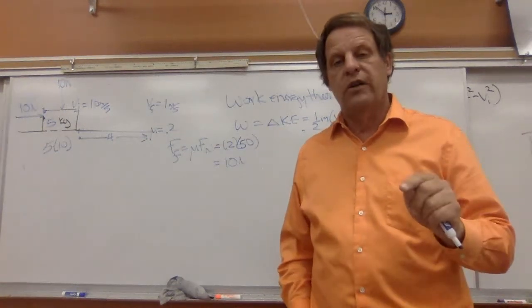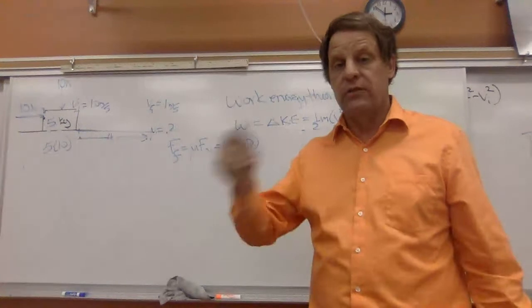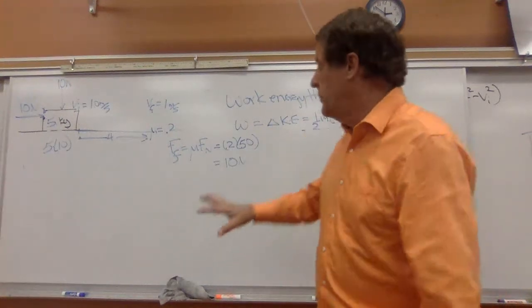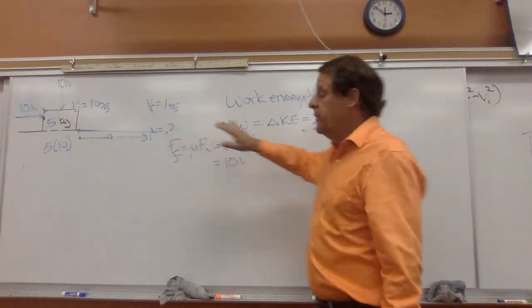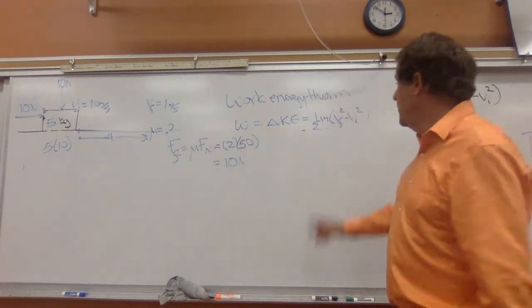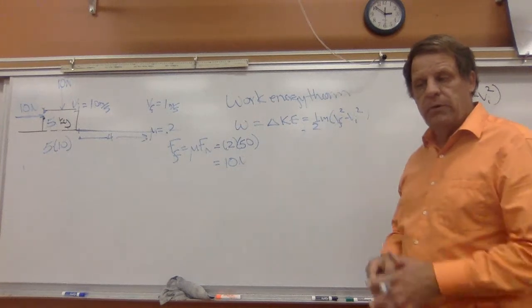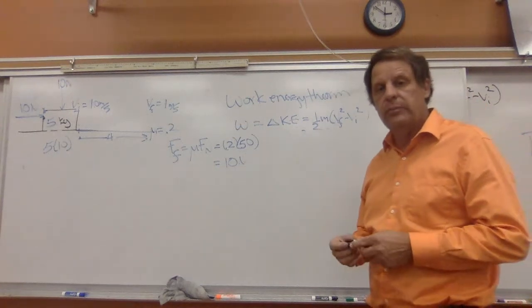And then it might also say how much work was done by friction. So you got to pay attention to those things and answer them respectively. But even though it did not change velocity, we still ended up with the work energy theorem still being valid.